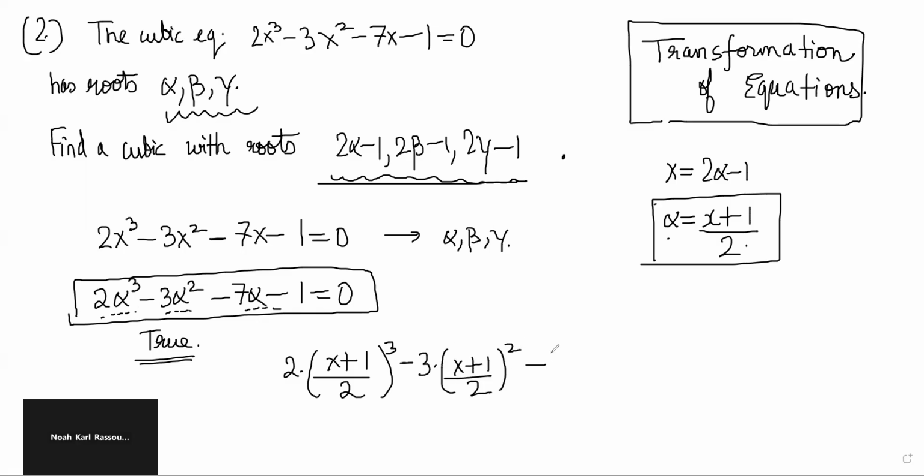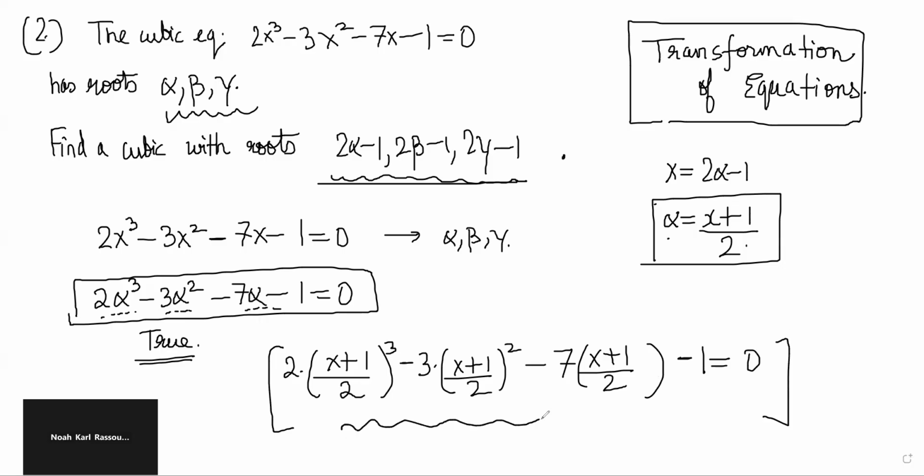Do you understand what I'm saying? This will give us a new equation that will be in terms of x, right? That will be a new equation that will be satisfied by this x.